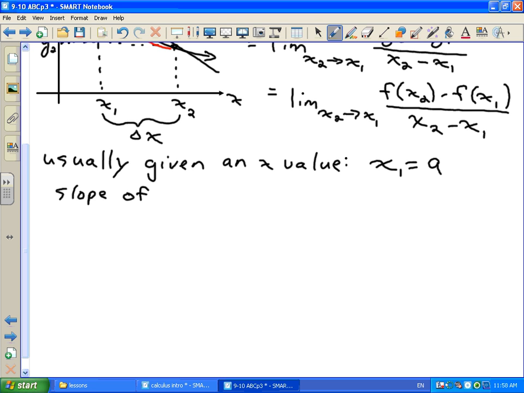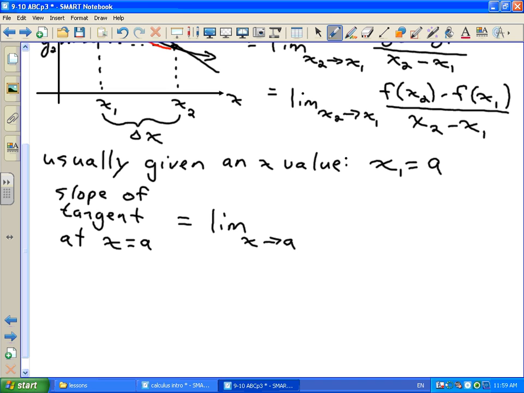Okay? So the slope of the tangent, let's try this. Slope of tangent at the point x equals a is going to be given by, well, we're going to take the limit as x tends to a. So I'm just replacing x2 by x, okay, to make this more general, and x1 by a.